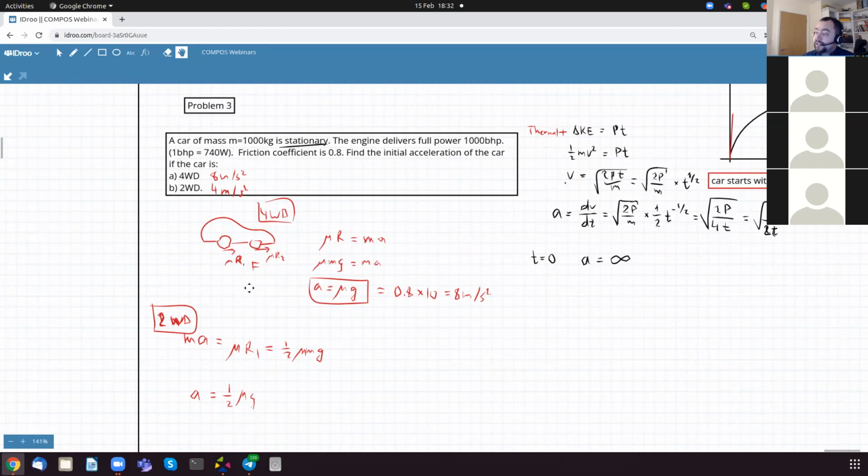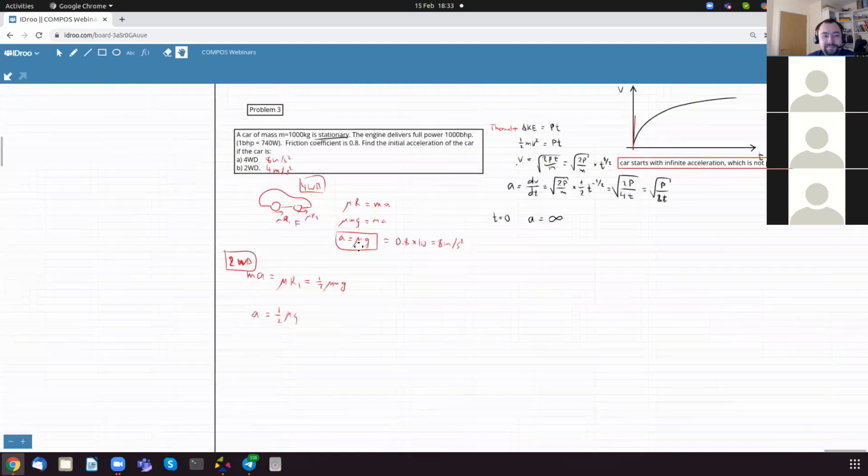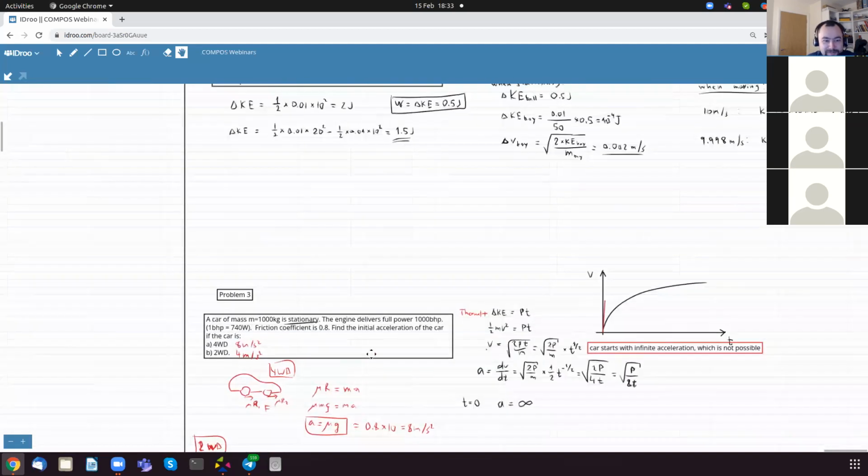The acceleration of every single car in the world is limited by the friction coefficient times gravity. And the friction coefficient is very rarely more than 1. So usually the cars don't accelerate faster than g, except when they're falling.